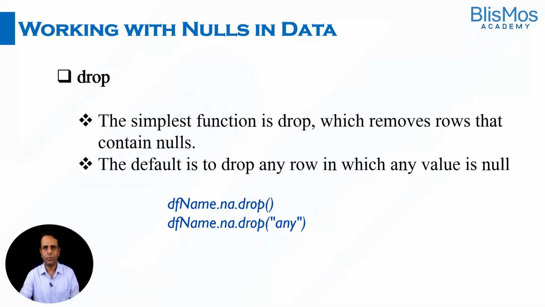As I said, one of the simplest things we can do is dropping the null values if they are part of your data frame. What drop does is it removes the rows that contain null values. The default is to drop any row in which any value is null. You may be wondering, if I have a null value in a particular column, we may have values in other columns. Are we not losing the data? Yes, we will be, but it depends on the project.